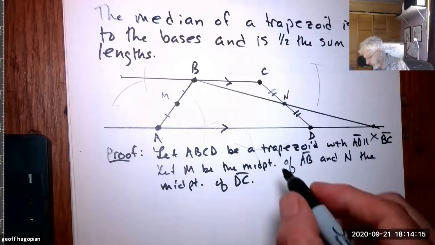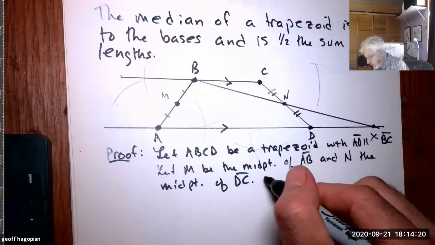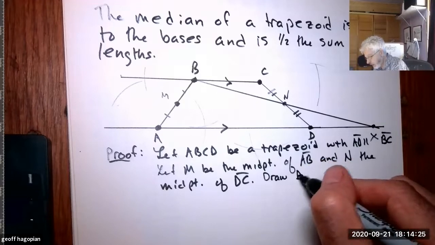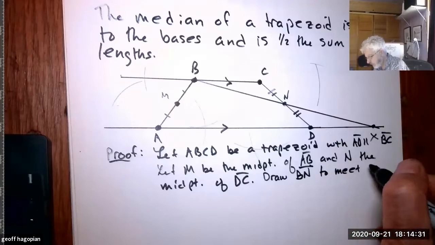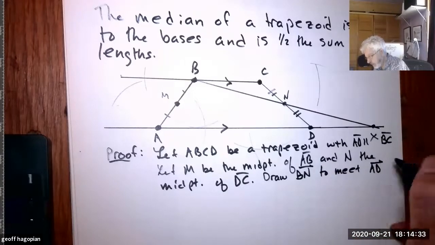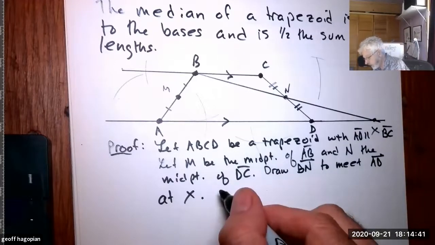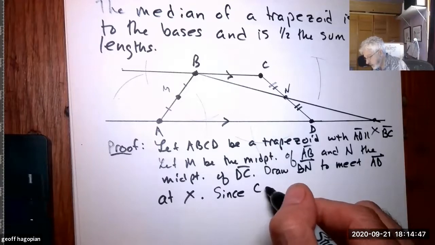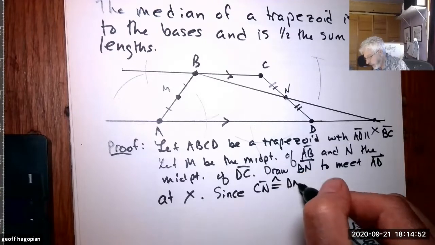Then draw BN, so like the ray, to meet AD, the ray, right, at X. Okay, so now I know that CN is congruent to DN, right?